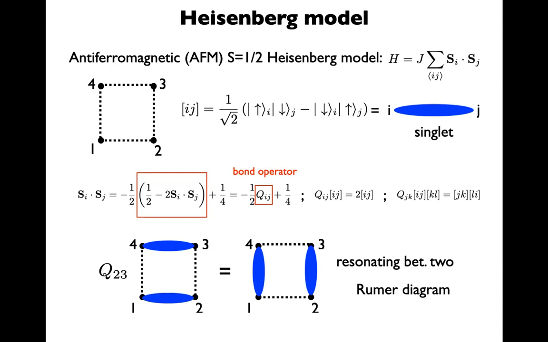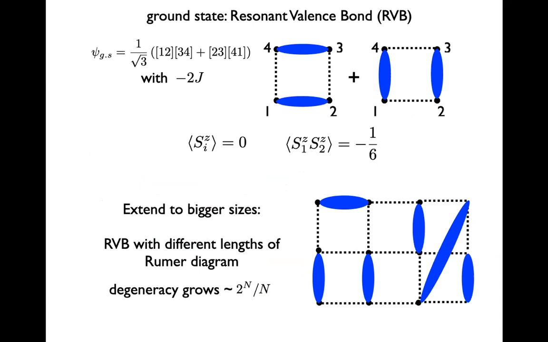So if I have two singlets, 1,2 as well as 3,4, and I put the Q_23 operator acting on these singlets, it's going to change my singlet partners to 1,4 and 2,3. So this is called resonating between the two Rumer diagrams. And that is the idea of the RVB, the resonating valence bond.